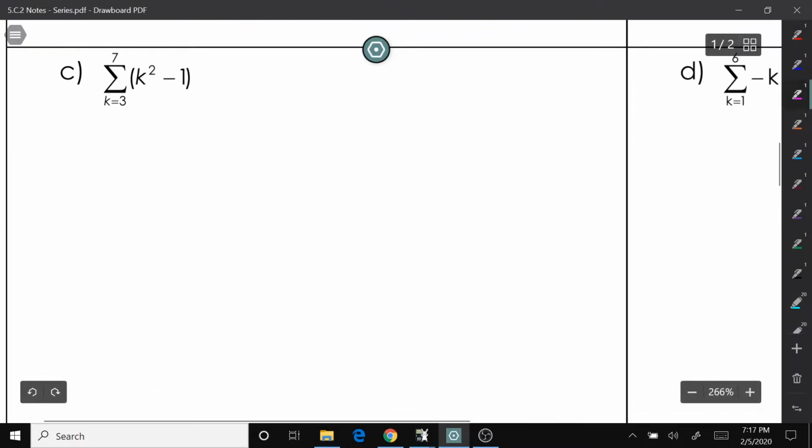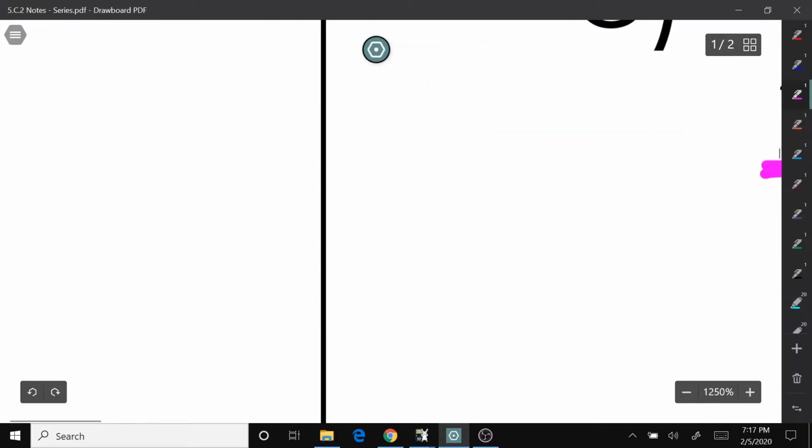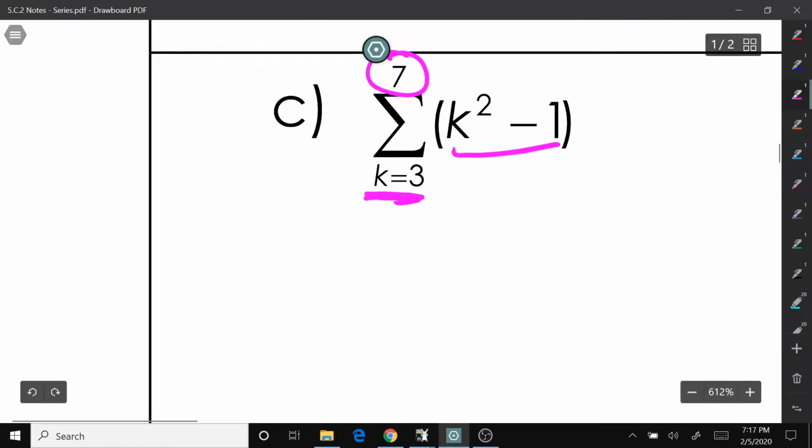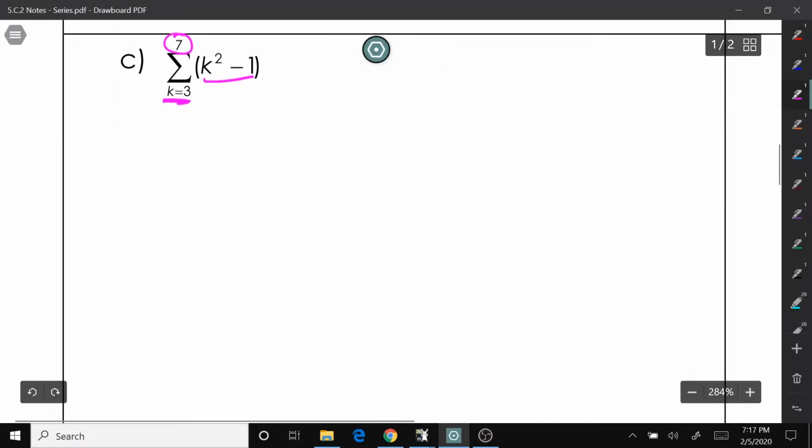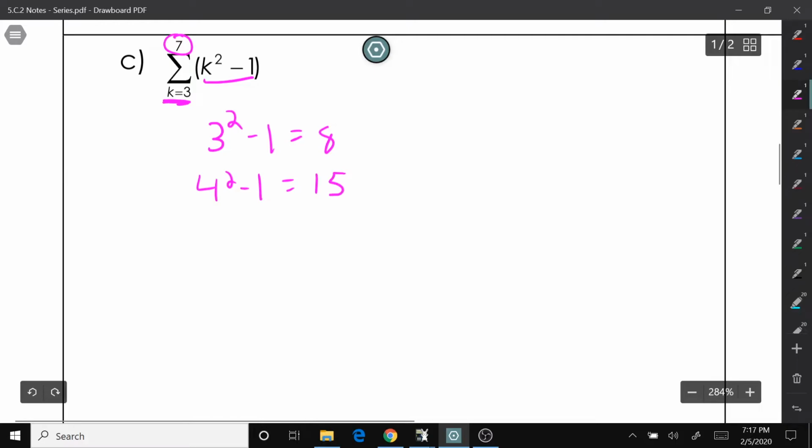Alright, so this one, our function is k squared minus 1. We're going to start plugging in 3 for k and go up to 7. So we have 3 squared minus 1, which is equal to 8. We then have 4 squared minus 1, which is 15.